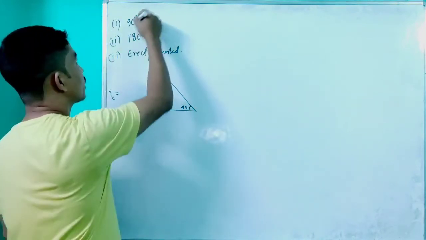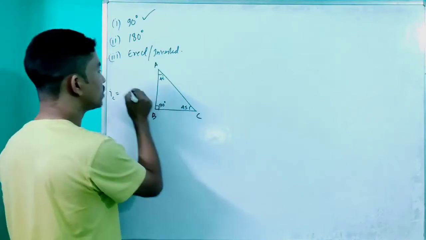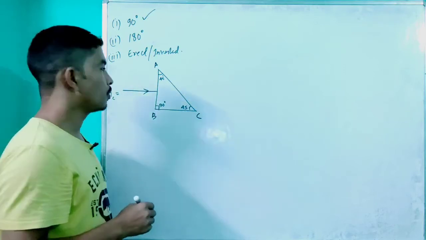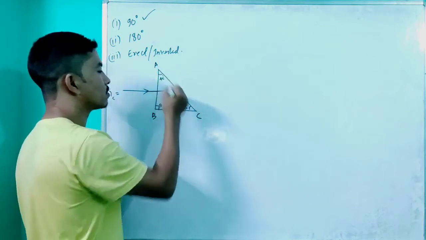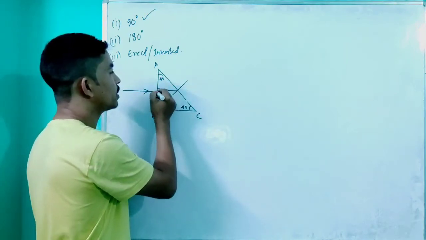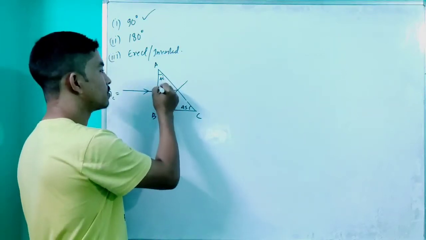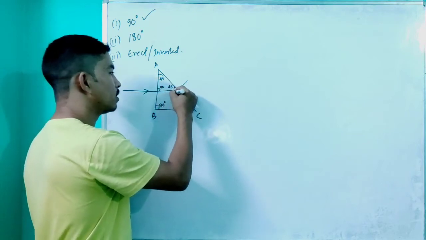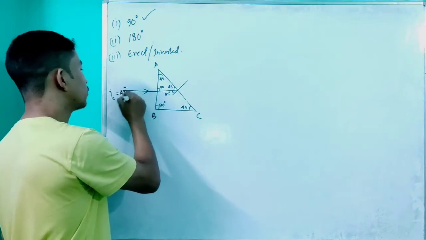Now to deviate a ray of light by 90 degrees, I make the ray of light incident on the face AB normally. When it is incident normally, the ray of light does not bend. So it goes and strikes the surface AC. There I draw a normal. So this is already 90. What will be the angle of incidence here? If this is 90 and this is 45, this also will be 45. Thus the angle of incidence is 45, which is greater than the critical angle, that is 42 degrees.